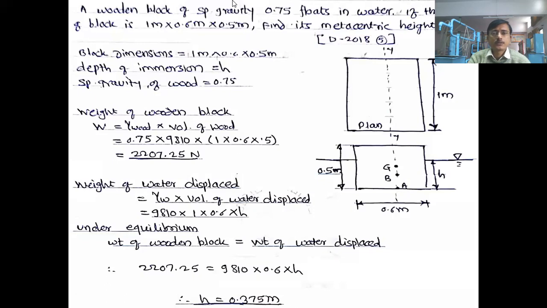Wooden block of specific gravity 0.75 floats in water. If the size of the block is 1 meter by 0.6 meter by 0.5 meter, find its metacentric height.